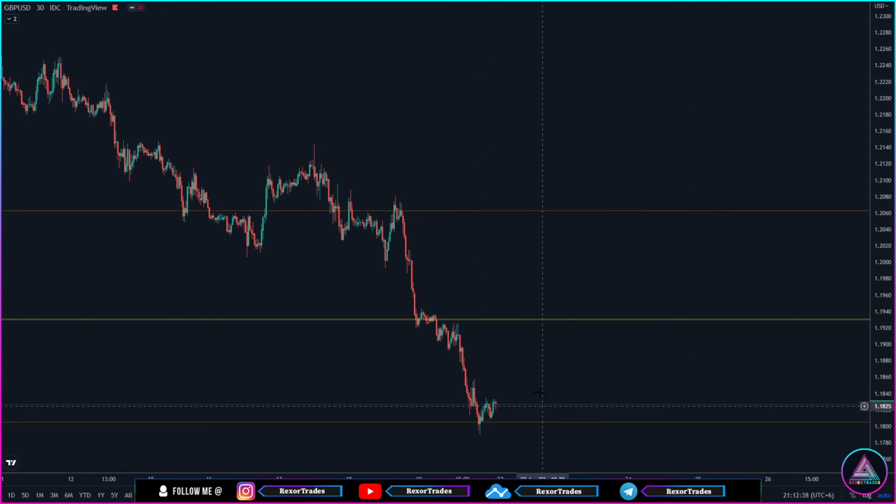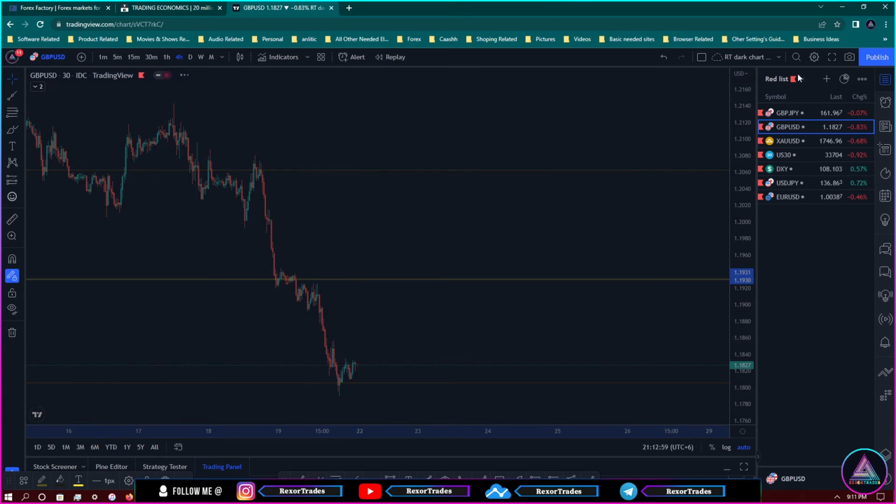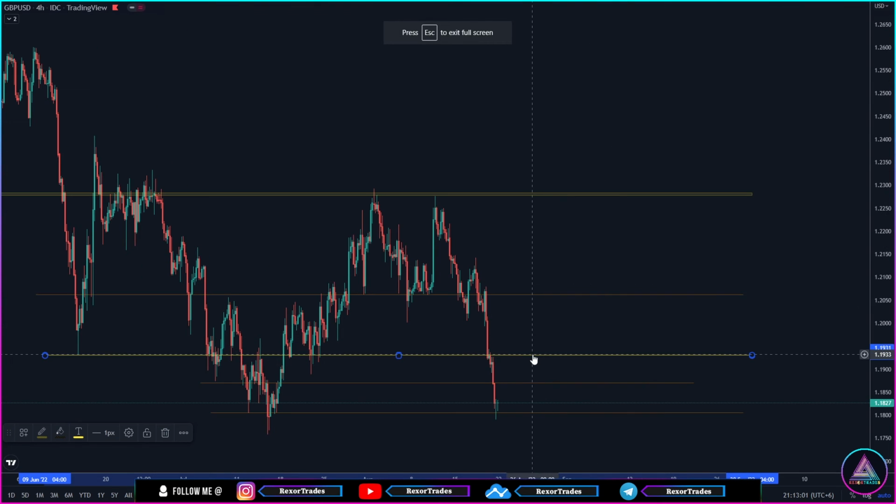And then if GBPUSD makes a break and close above that resistance zone with further bullish momentum, then we can start to look for trades on the long side in hopes of GBPUSD continuing with further bullish momentum all the way to make a retest on this key zone which is on the 4-hour time frame right around here.